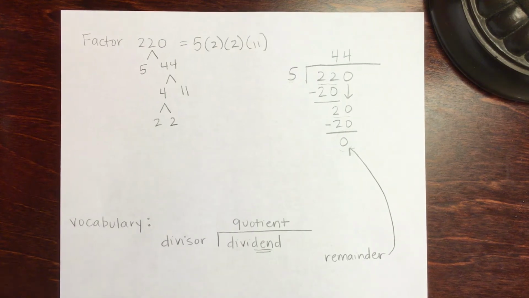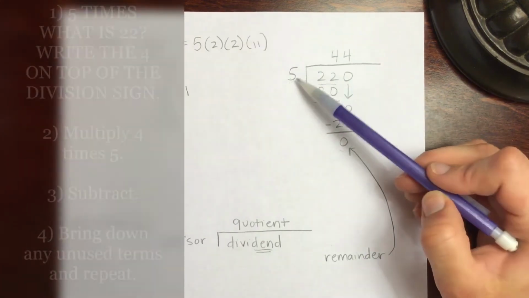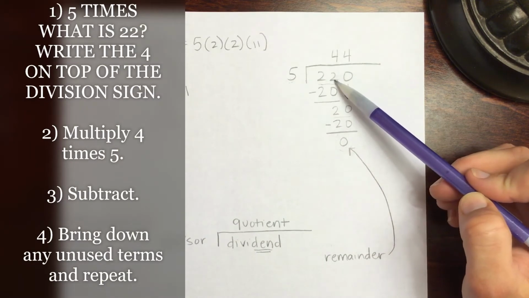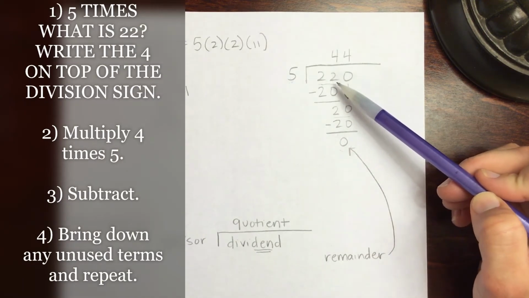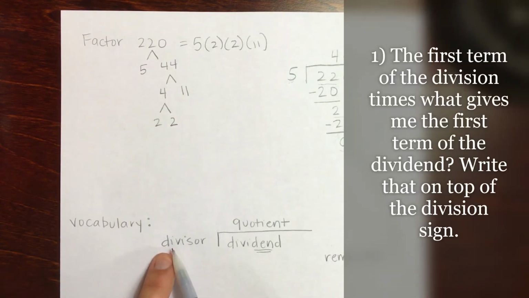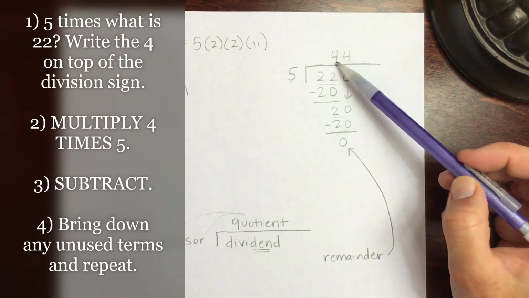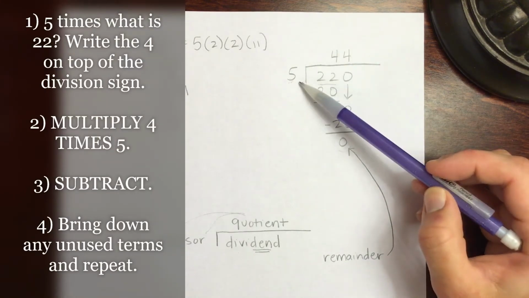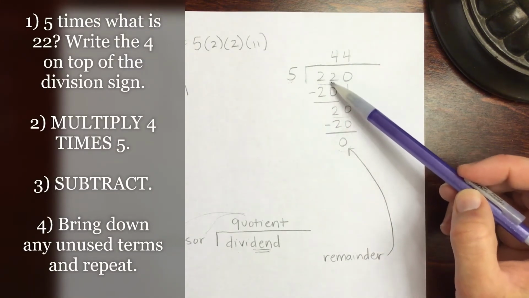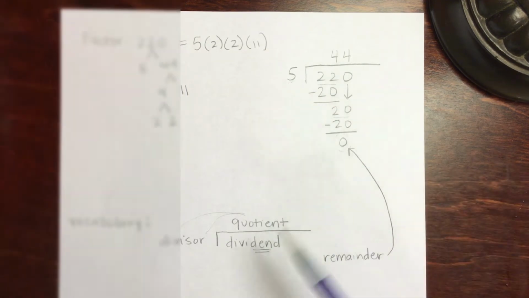Okay, so what steps are we going to do? Here we said 5 times what gives me 22. You're going to do the same thing. The first term of my divisor times what will give me the first term of my dividend. I put my 4 on top and said 4 times 5 is 20, and then I subtracted.